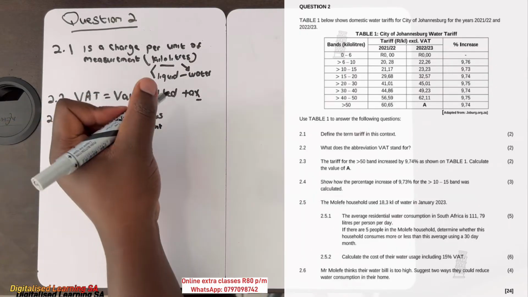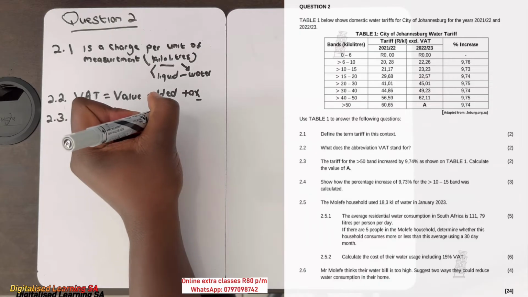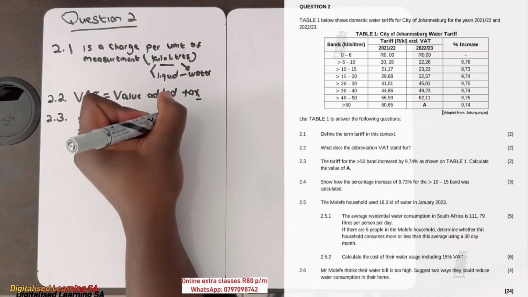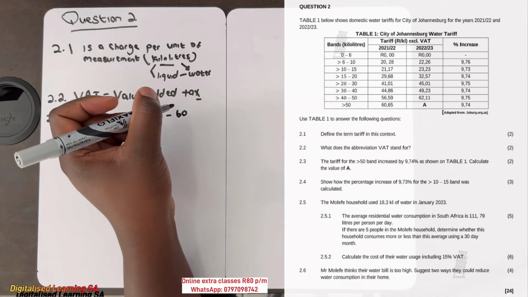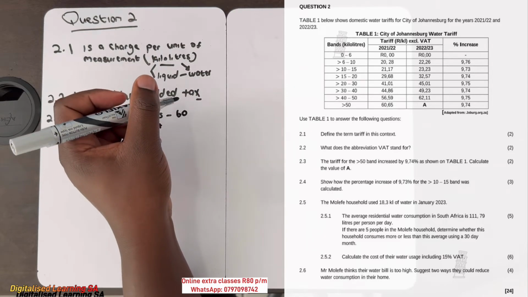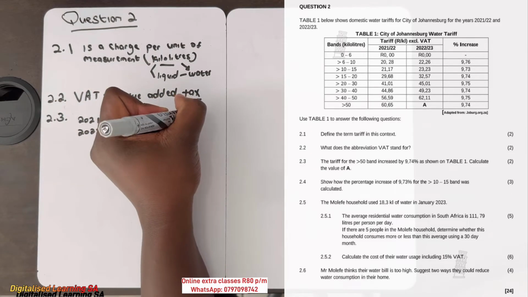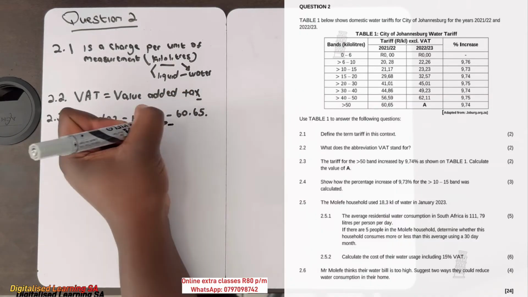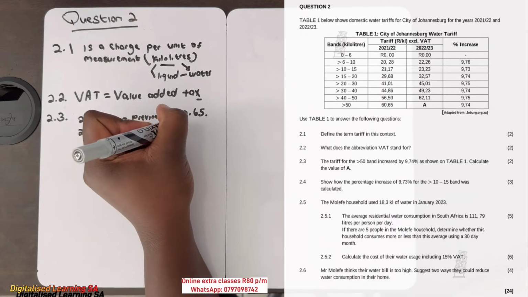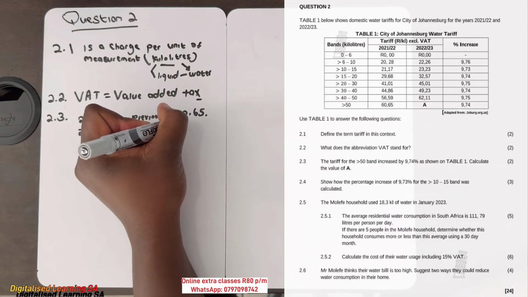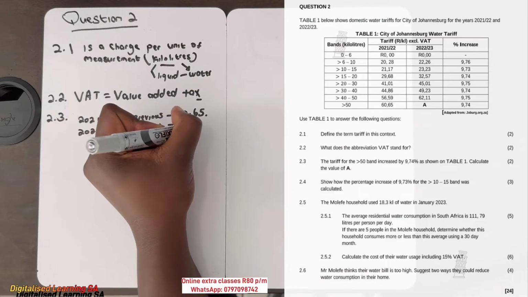So we know that in 2021 to 2022, the band for above 50 was 60.65. So now we need the one for our current year, which is presented as A, because it is unknown. So we need to calculate our A.